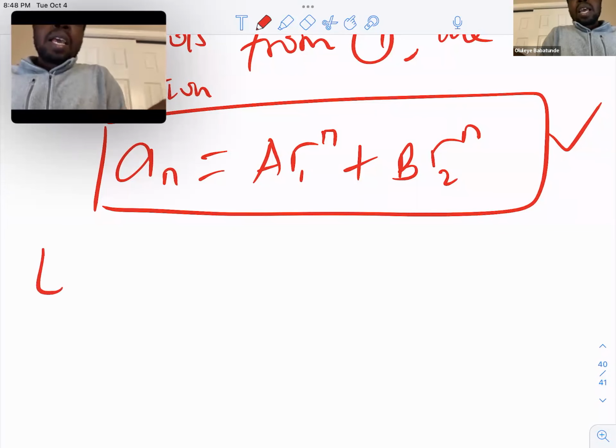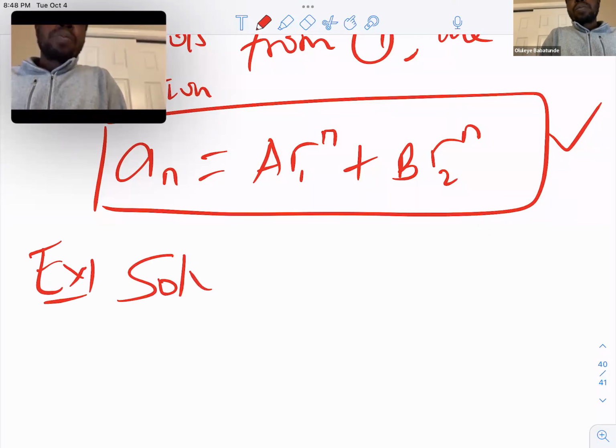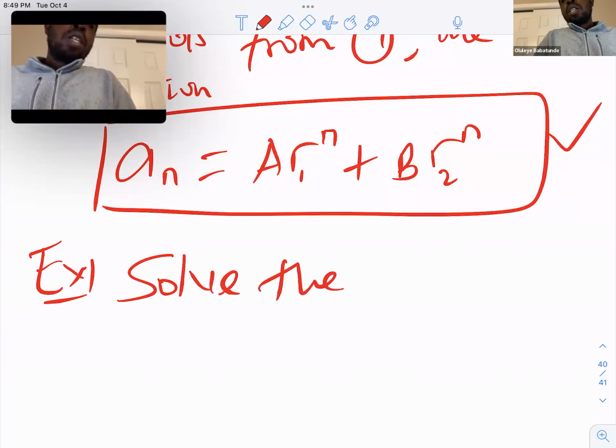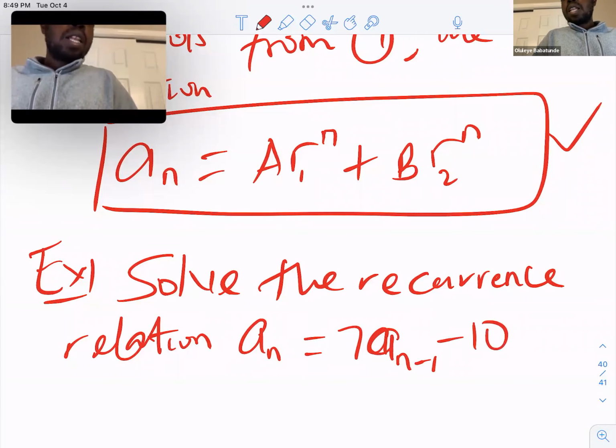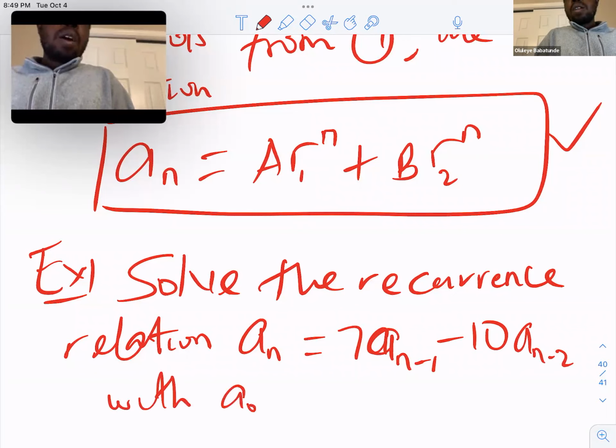Okay. So let's say example 1, solve the recurrence relation a_n equals 7a_(n-1) minus 10a_(n-2) with a_0 equals 2 and a_1 equals 3.